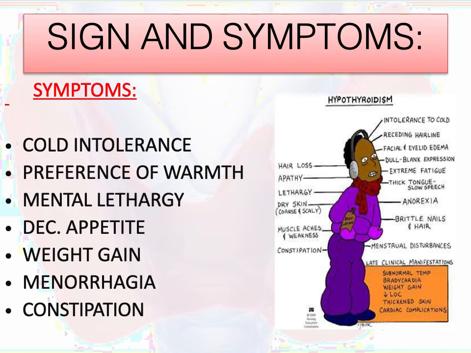In hyper, the patient cannot tolerate heat. Preference of warmth, mental lethargy. Everything is slowed down because the basal metabolic rate is slowed down. It is dependent on the thyroid hormone. Then decreased appetite. In hyperthyroidism, it was increased appetite. Weight gain, right? Despite the decreased appetite. Just remember this. Menorrhagia and constipation.